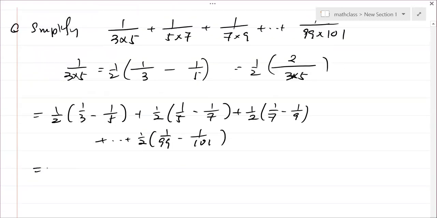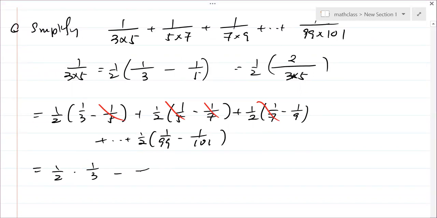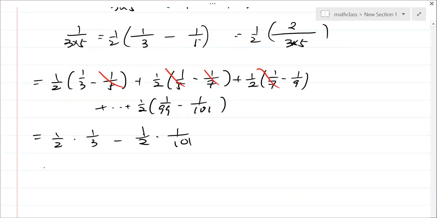Anyway, you still can cancel out the terms. This cancels out, this cancels out. All the terms in the middle will be canceled out. What is left is 1/2 times 1/3 minus 1/2 times 1/101. Some say 104, that just uses addition.